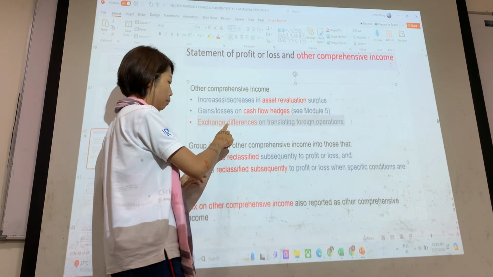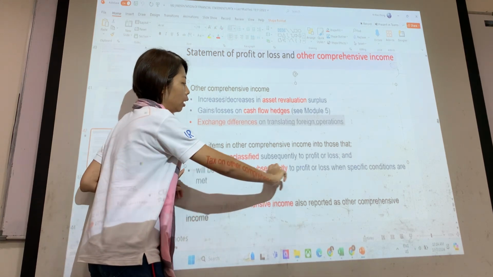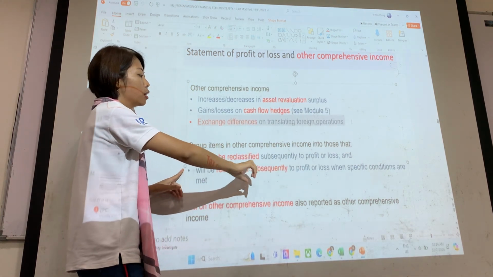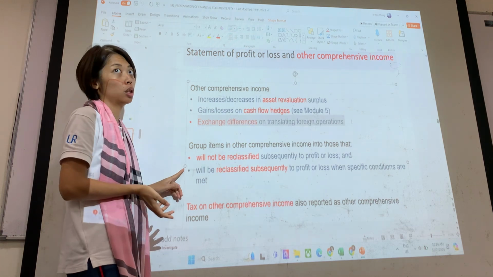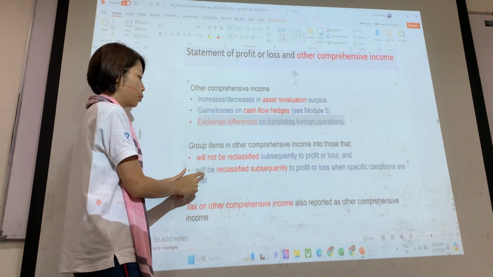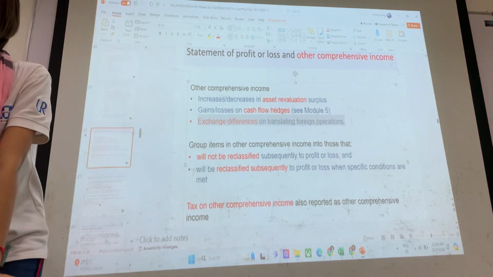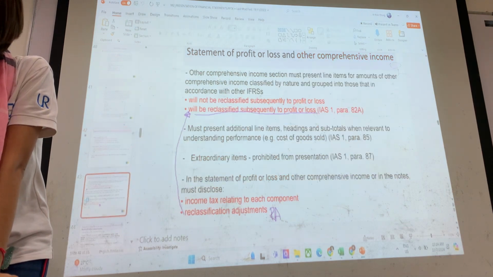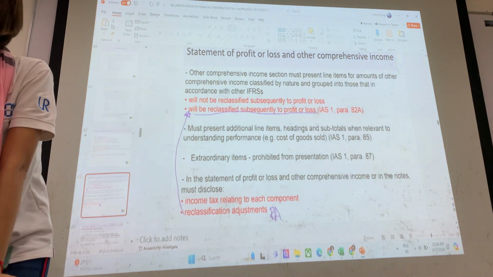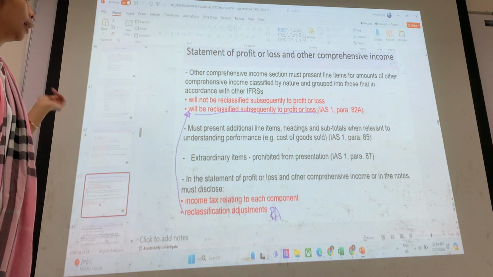Only this one has, because only this category will have a reclassification adjustment on the day of disposal or transfer out. We will learn a bit what it is about later on. Now, the next slide.